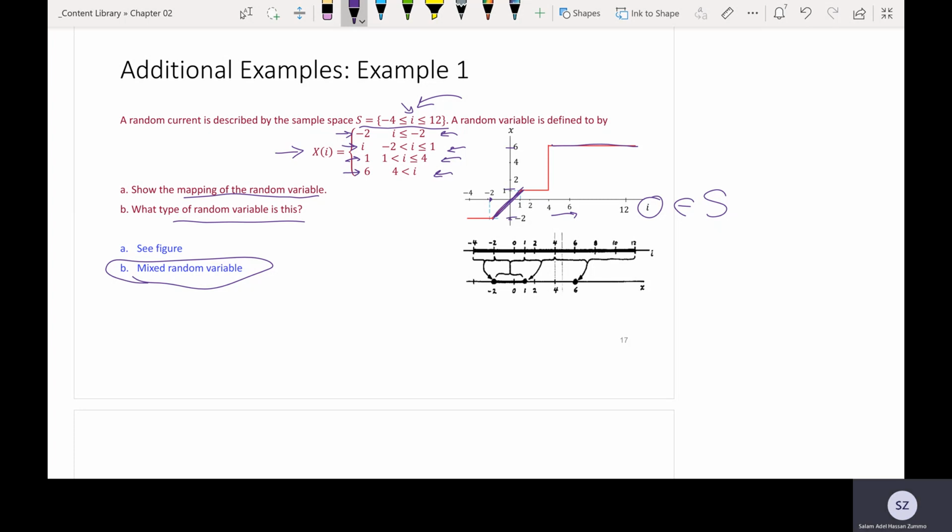In order to find the density function, what is the probability that x equals minus 2?